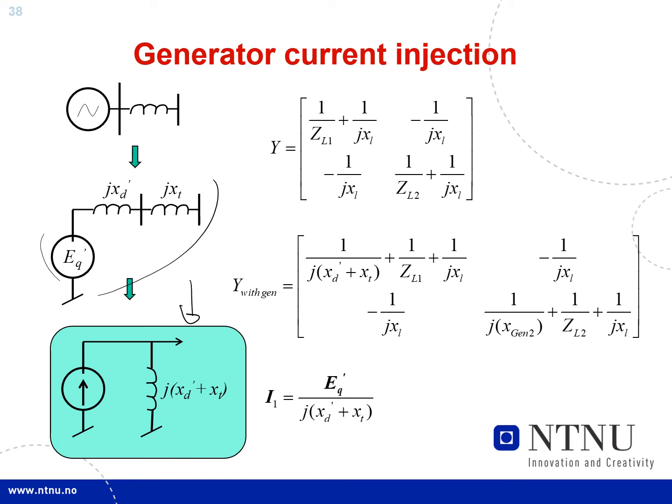That comes in on the diagonal elements where the generators are modeled, and then we have a representation of all the reactances or possibly resistances, and we have an expression of the current injection depending on the internal transient voltage in this case.